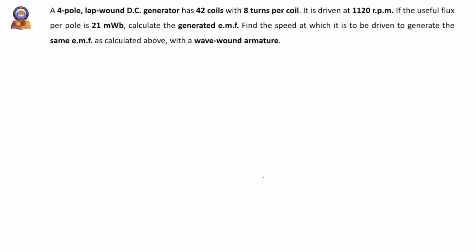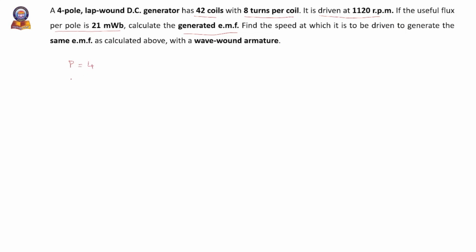Let us see the second problem. A 4-pole lap-wound DC generator has 42 coils, 8 turns per coil. It is driven at 1120 RPM and the useful flux per pole is 21 milliwebers. Calculate the generated EMF. First note down the given data.